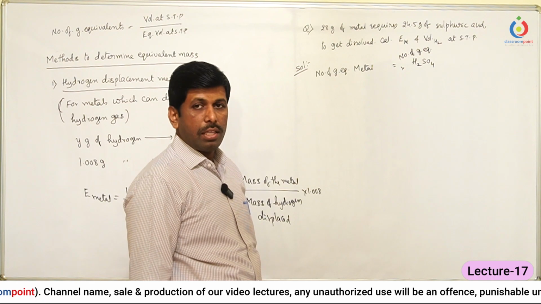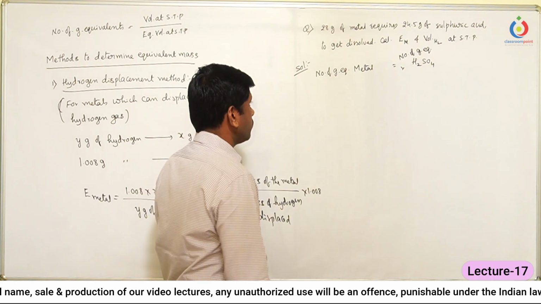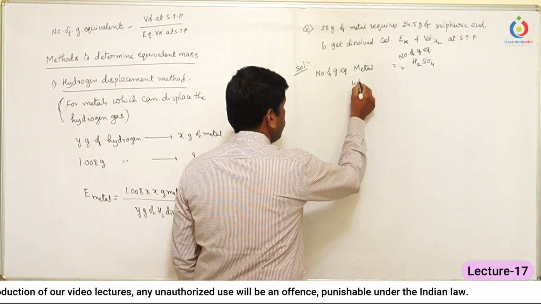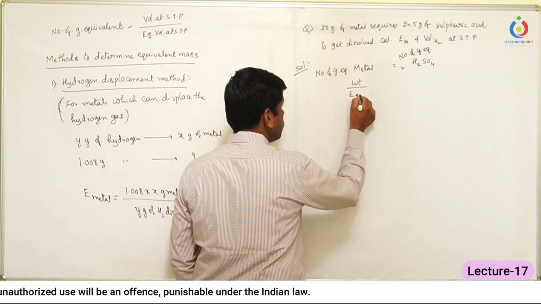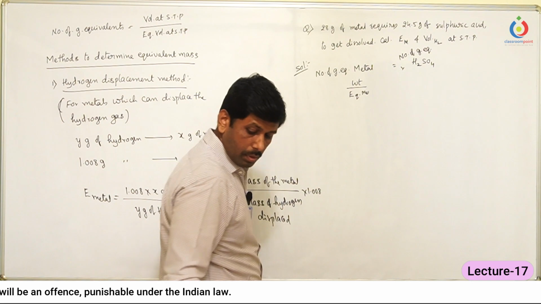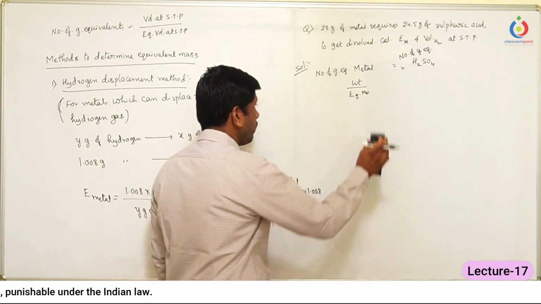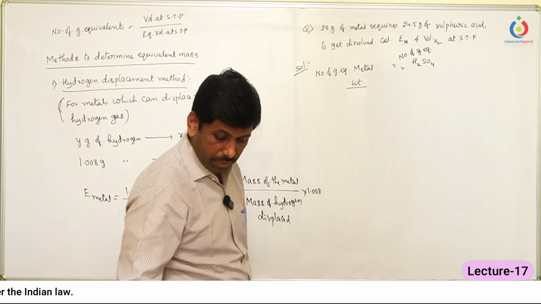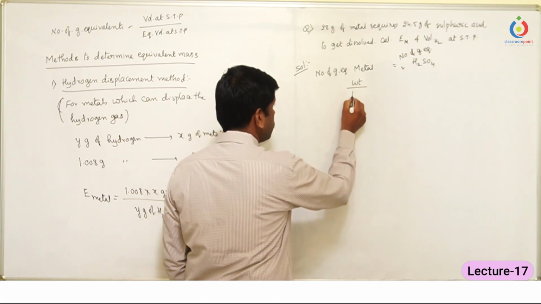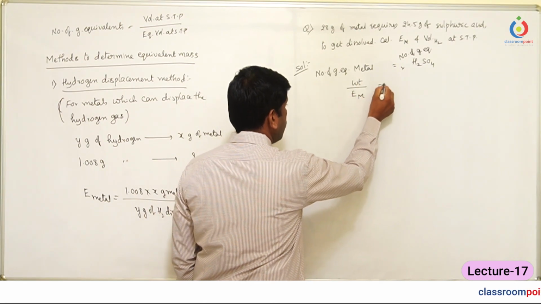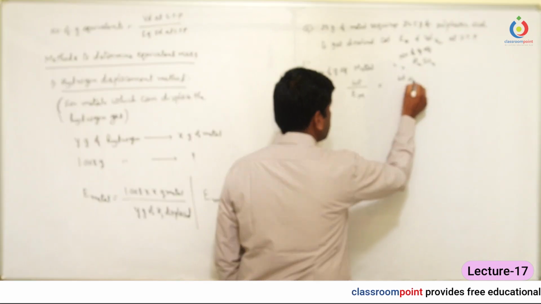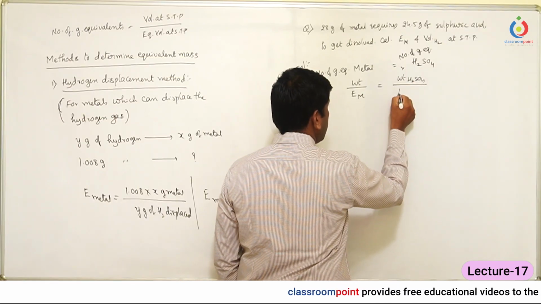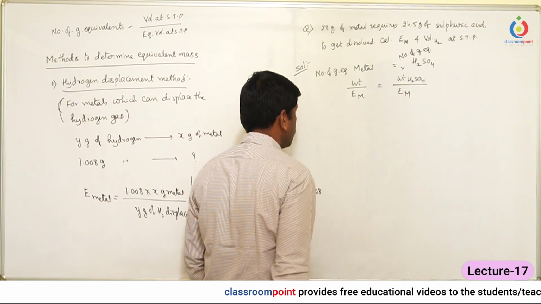Then how to calculate the number of gram equivalents of the metal? Weight by equivalent weight of the metal. So I shall take the equivalent weight of the metal as E_M, is equal to, here also, weight of sulfuric acid divided by its equivalent mass.